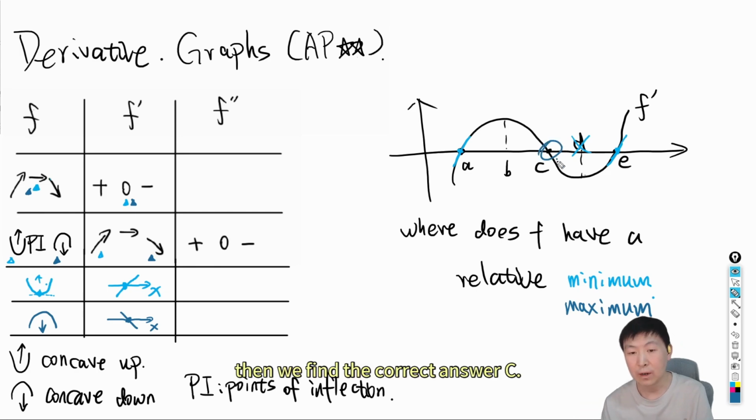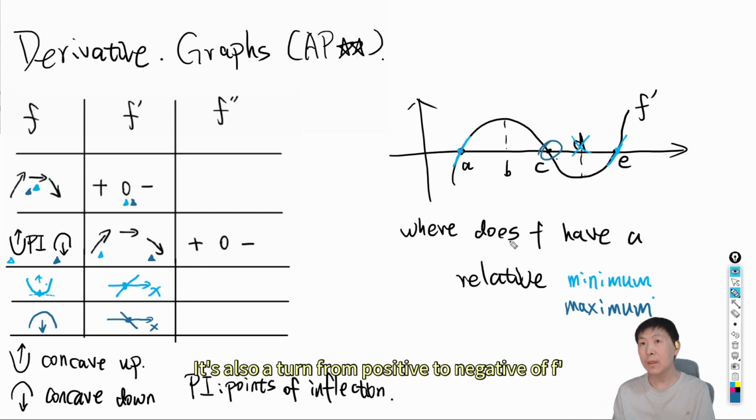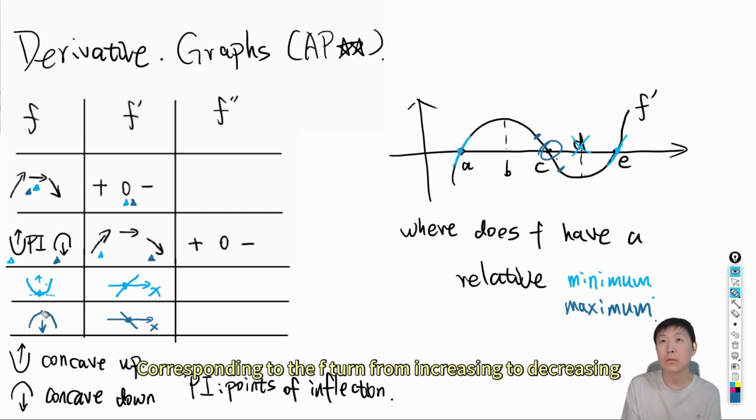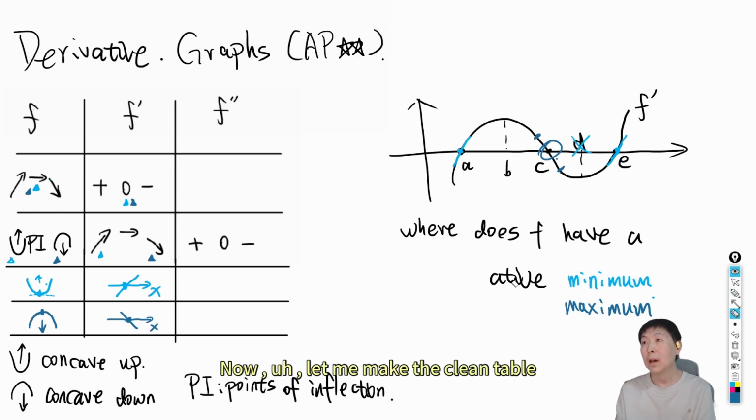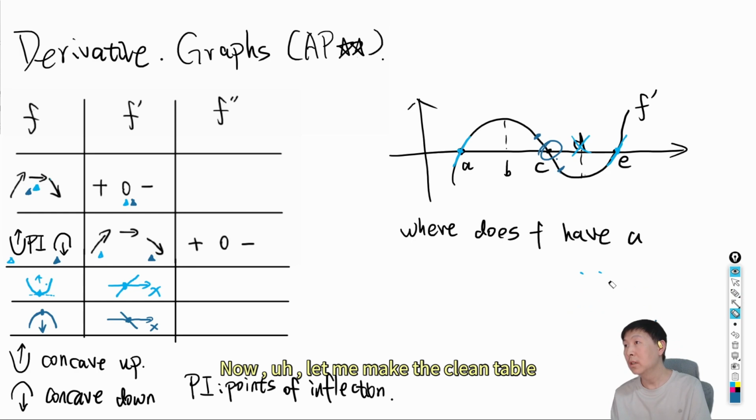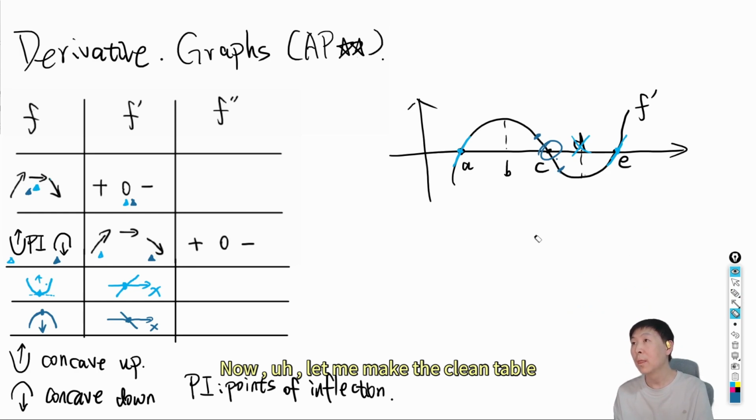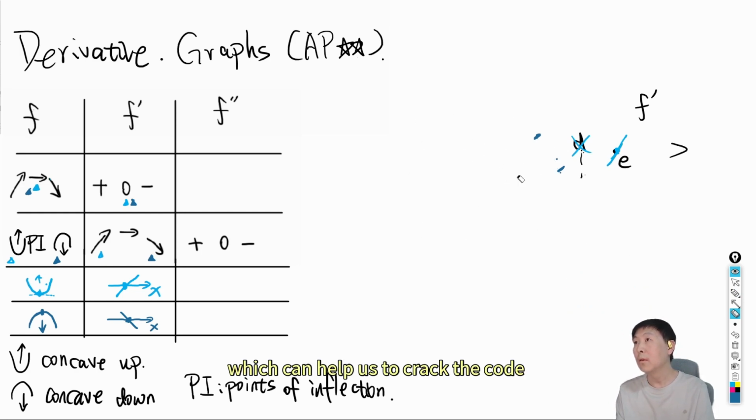Then we find the correct answer C. It's also f prime turning from positive to negative, corresponding to f turning from increasing to decreasing. Now, let me make the clean table, which can help us to correct the cells.